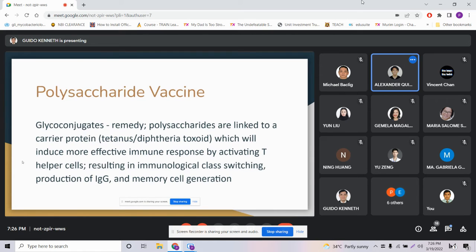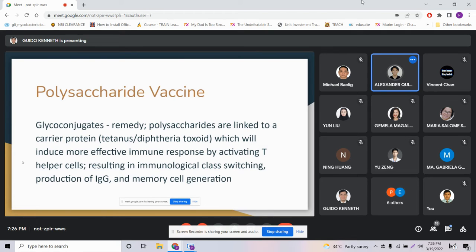slide, please. To remedy this problem, we use glycoconjugates, which is when polysaccharide antigens are linked to a carrier protein, such as tetanus or diphtheria toxin.